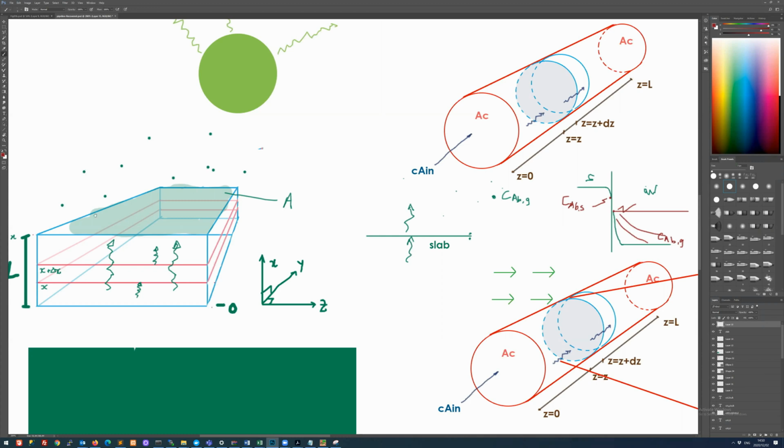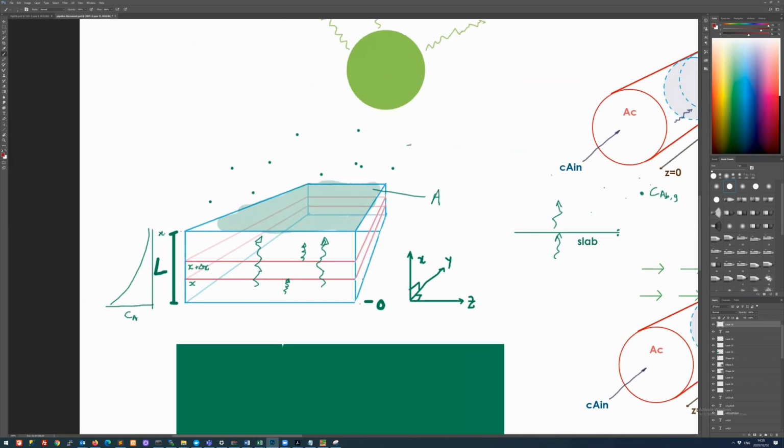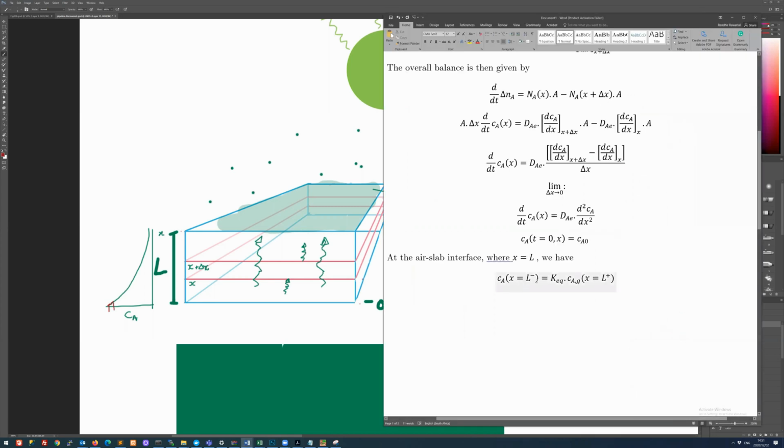So if you were to draw the gradient, well, in fact, we drew it already. So let's say this is the gradient we reached. Then the most I would like to say here is that by this point, the gradient here equals the gradient there. So dc/dx at this x position is equal to dc/dx at that position. So if that's the case, then we can just use this condition.